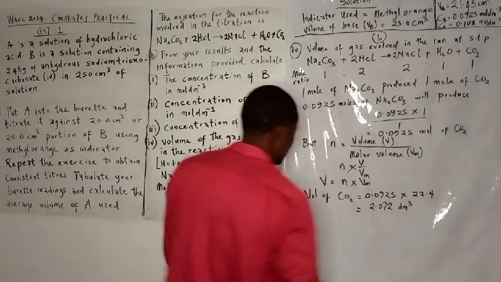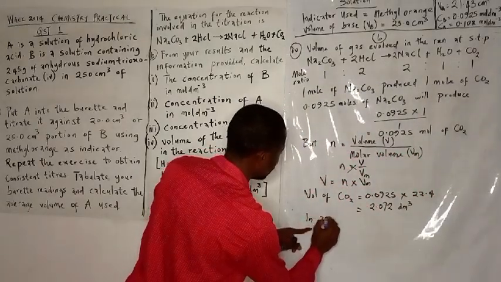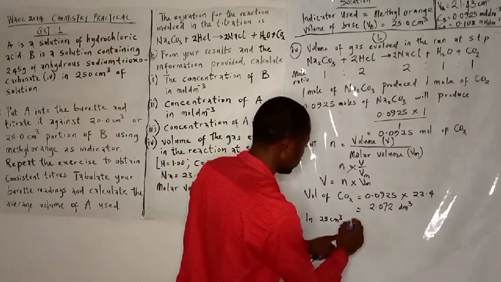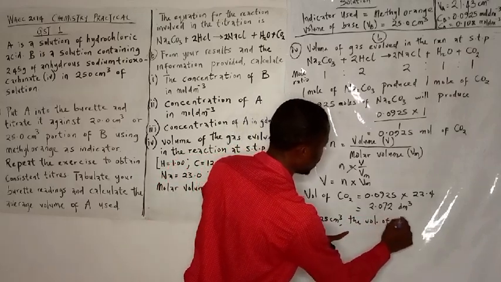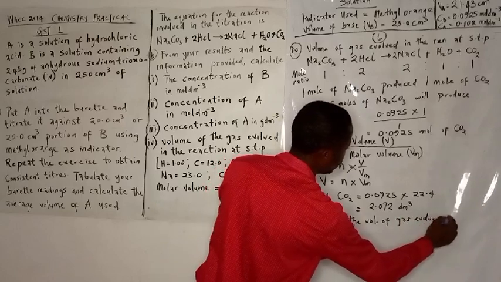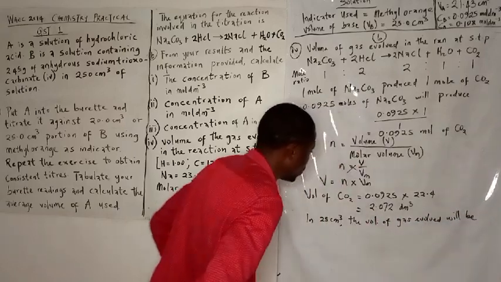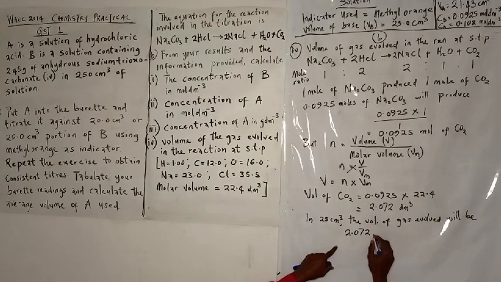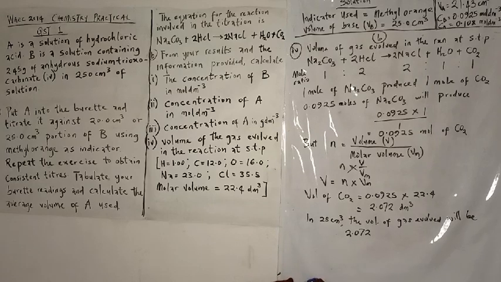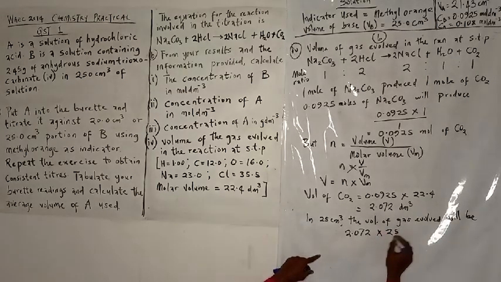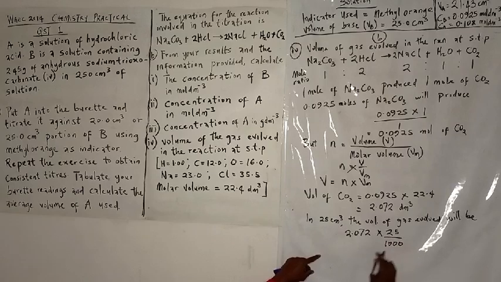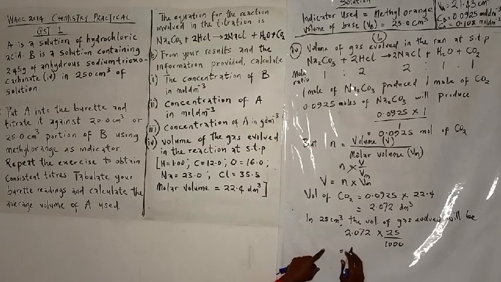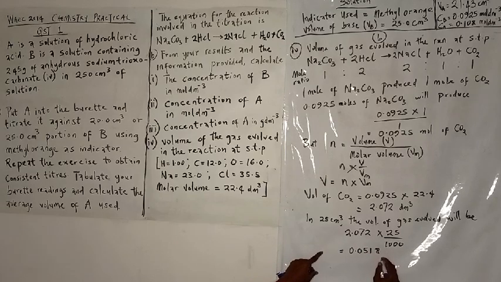So we are going to say that in 25 cm cube, the volume of gas evolved will be 2.072 times 25 over 1000. When we do this, we are going to have 0.0518 dm cube.